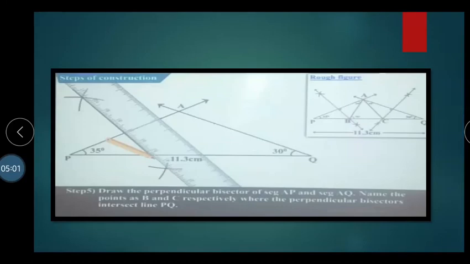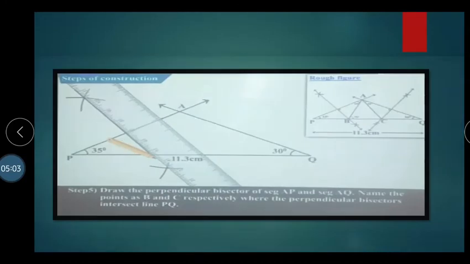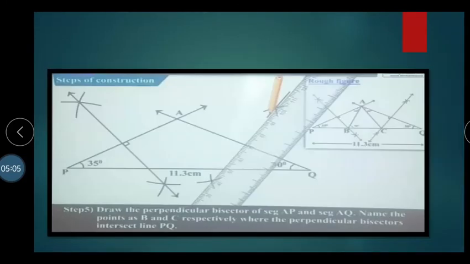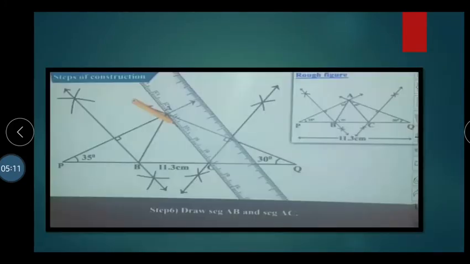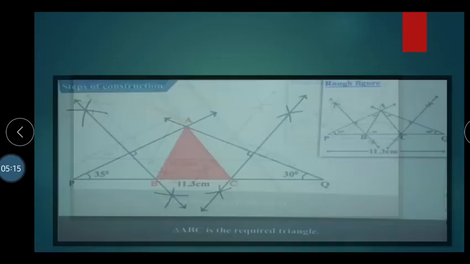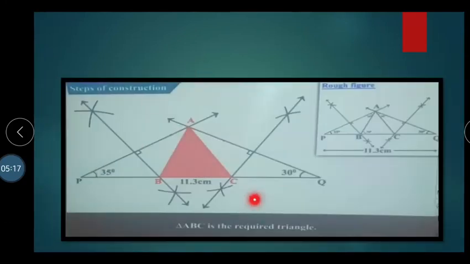This is the way you will construct the perpendicular bisectors of AP and AQ. Then you join segment AB and segment AC. So our triangle ABC is the required triangle which is constructed.